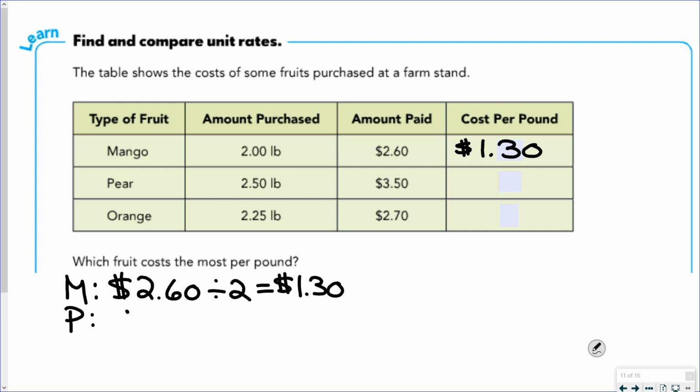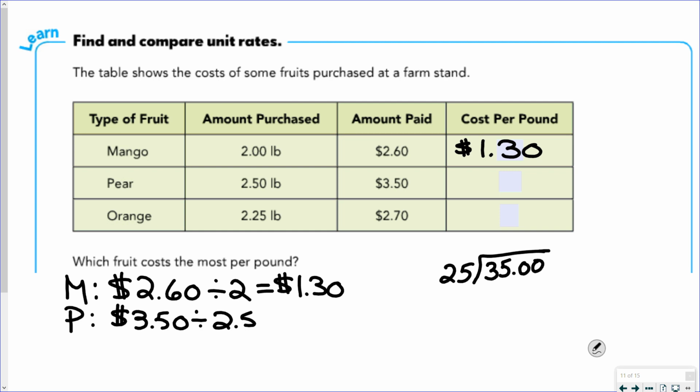And for the pears, we paid $3.50 and we bought 2.5 pounds of pears. So to find the cost per pound, we're going to do the same thing we did for the mangoes, cost divided by weight. I'm going to do that work off to the side here because that is not something that I can do very quickly mentally. I'm going to move my decimal points.